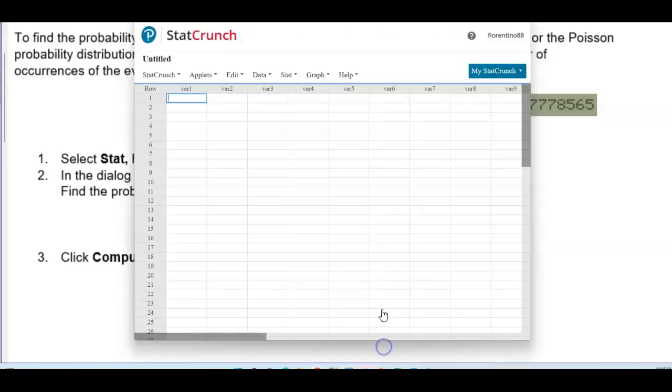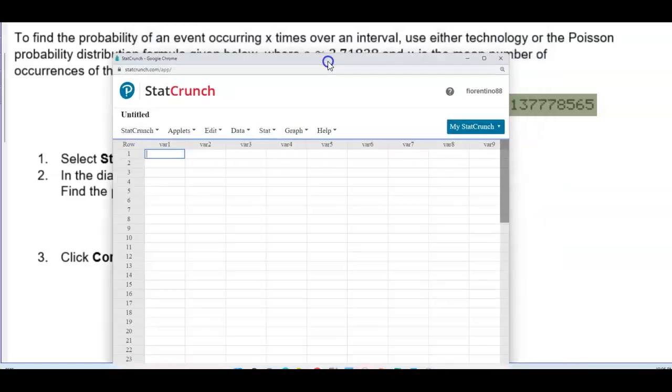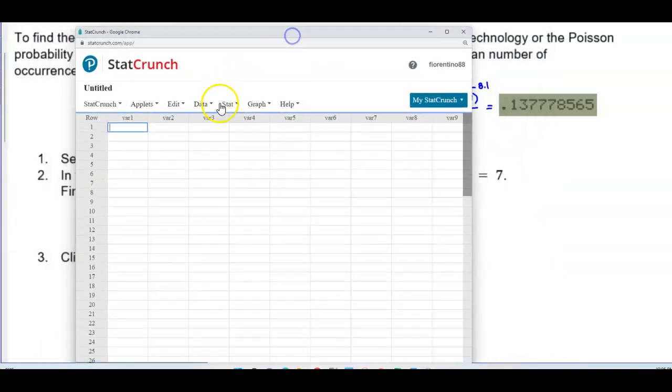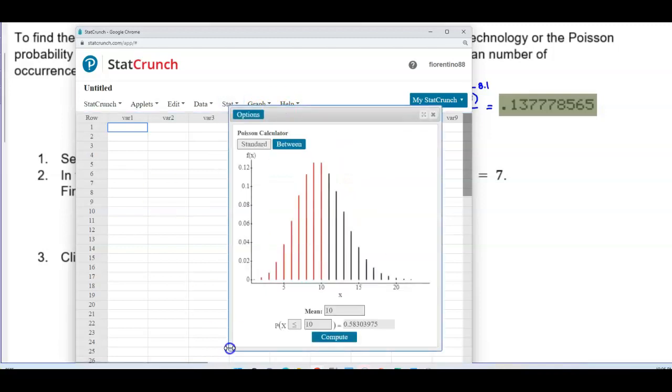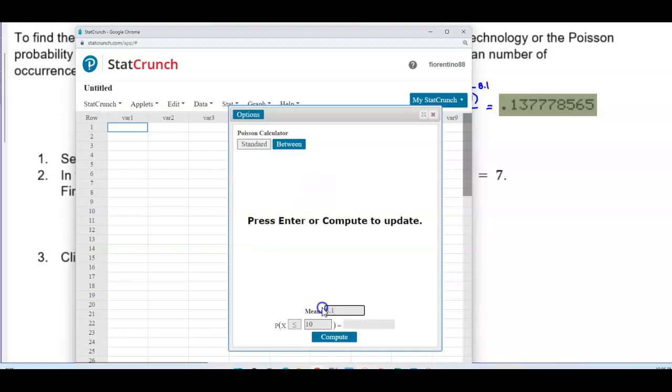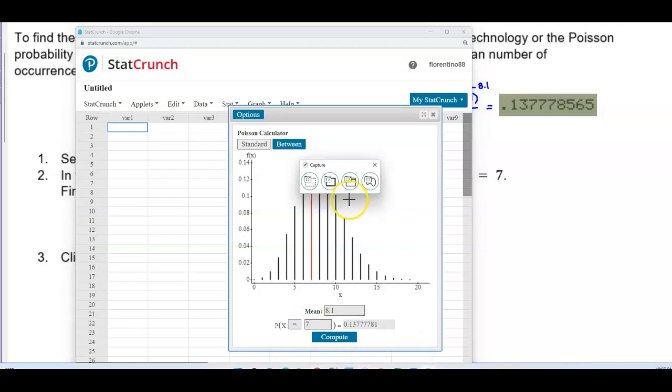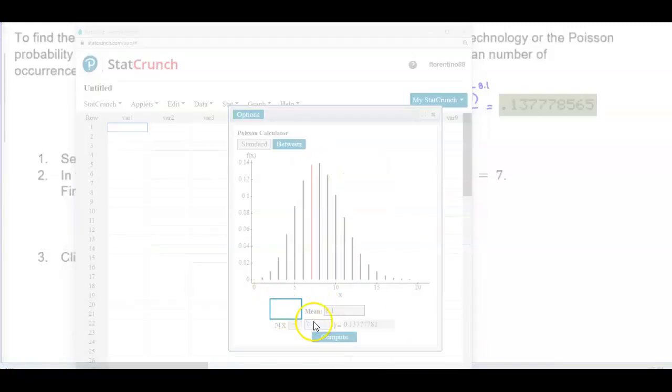So I'm going to open up StatCrunch, and so now I want to go to Stat, Calculators. Now I'm going to scroll all the way down to where I see Poisson, and then I'm going to put in the mean. We know the mean is 8.1, and we know that x has to equal the value of 7.